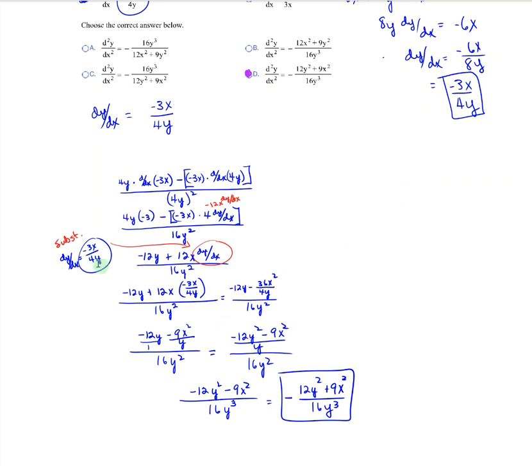It's negative 3x over 4y. So we're going to plug that in there. So we have negative 12y plus 12x times negative 3x over 4y, over 16y squared. Multiply this on the top. We have minus 36x squared over 4y. All of that over 16y squared.